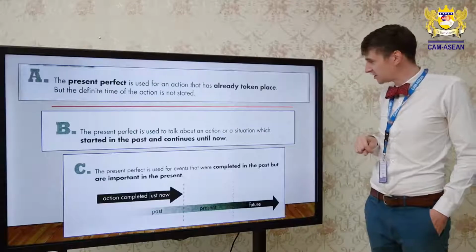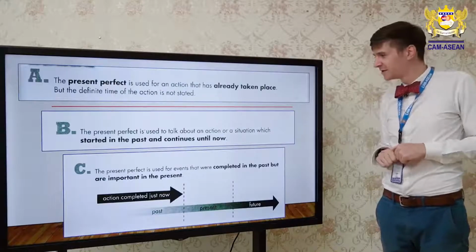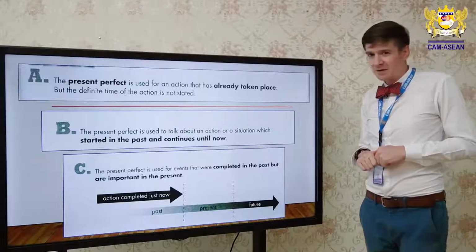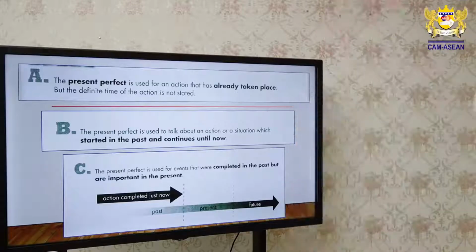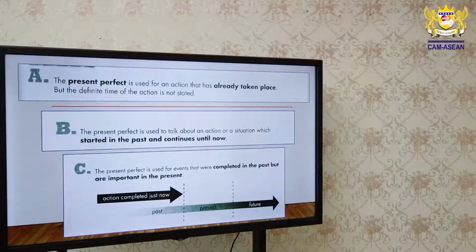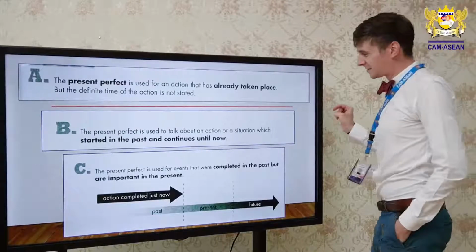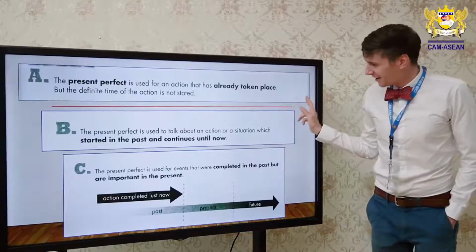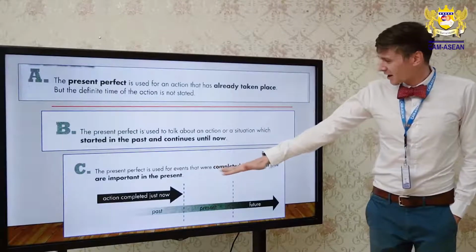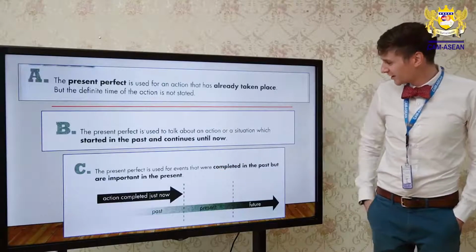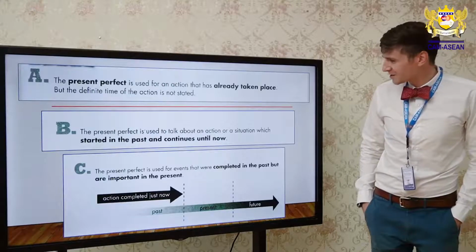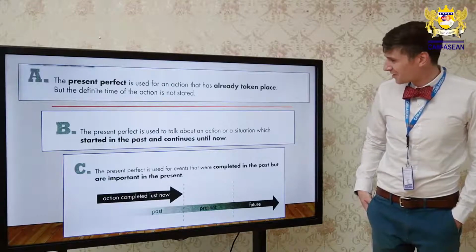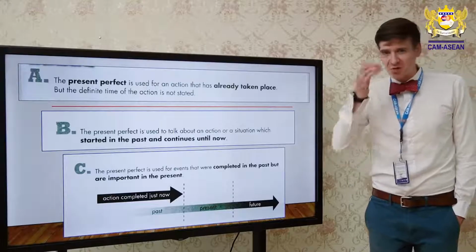Let me get out of the way a little bit. You can take a screenshot if you need to. Beneath section 1, right? Just so you guys can take a screenshot here. And then our last one was something completed in the past, but that information is important now.